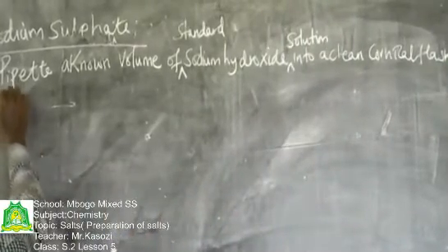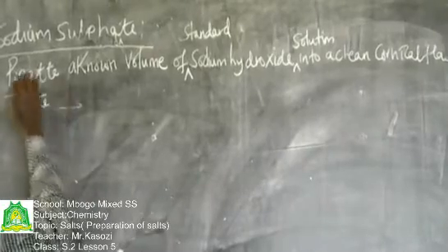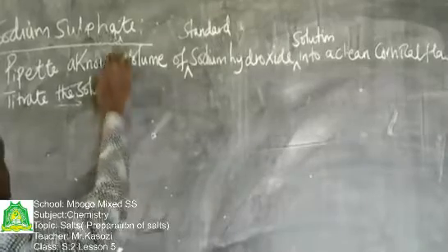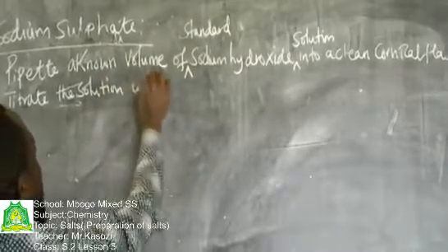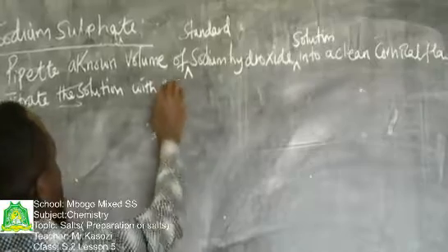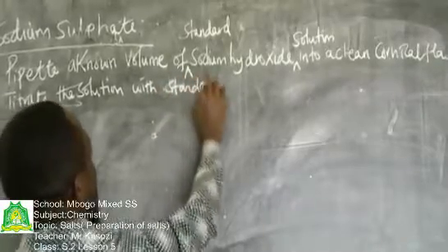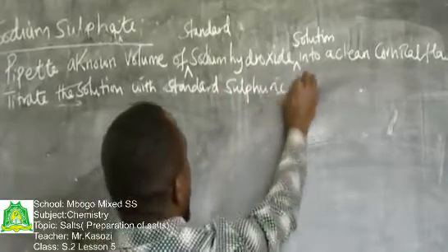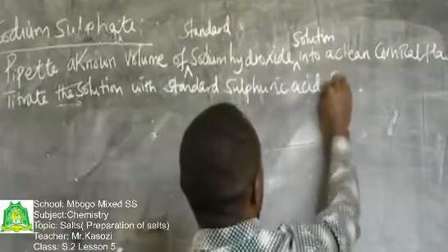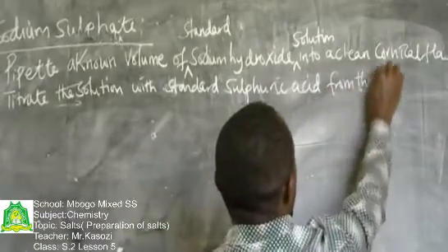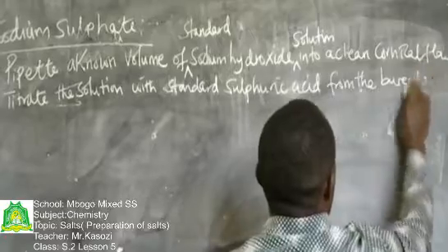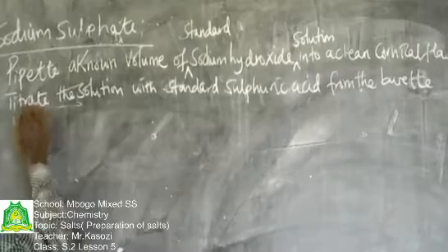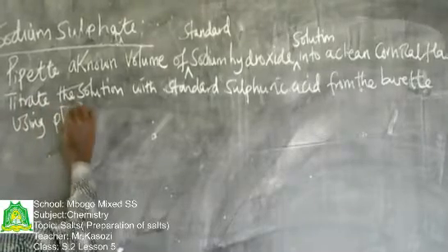Then we titrate the solution with dilute standard sulfuric acid from the burette, using phenolphthalein indicator.